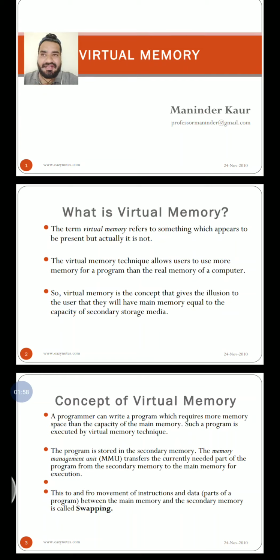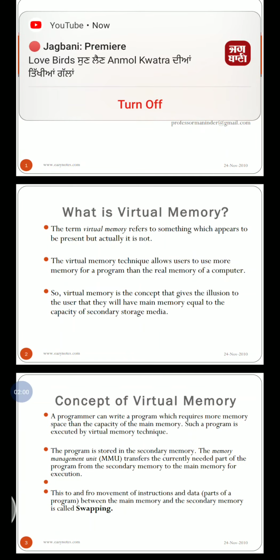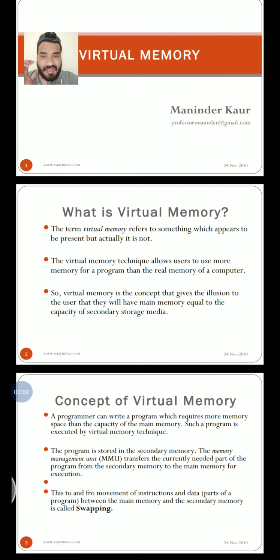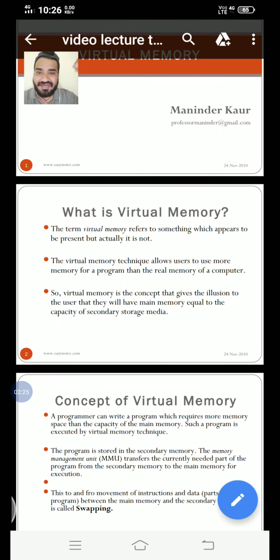Clear? That concept is called swap in and swap out, and it is also called page replacement. What is page replacement? The CPU will call only those pages which are required at a moment, and they will be replaced by other pages when they are not required.